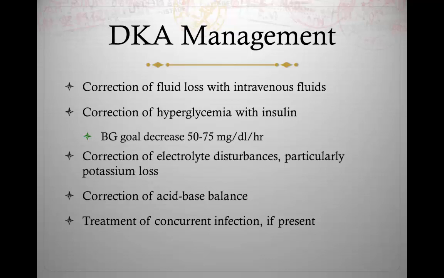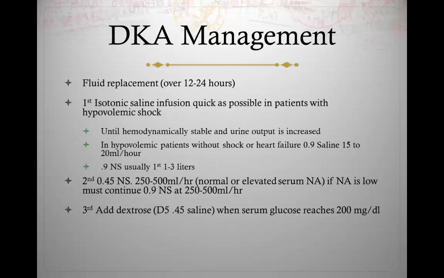Okay, so you would basically first start with isotonic fluid, and that will be normal saline. You will be giving at least 1 liter in the first hour, and then after that 500 mLs per hour. That's what the protocol says in many hospitals and in your guideline. Okay, so fluid replacement over 12 to 24 hours.